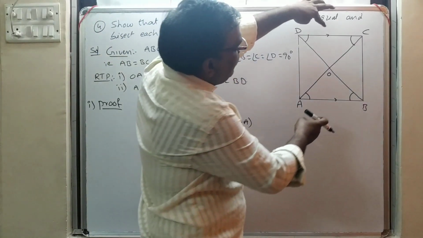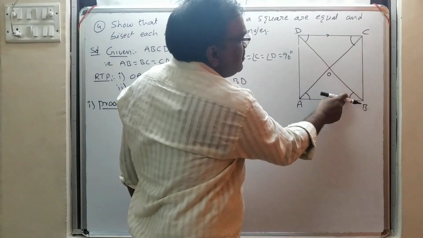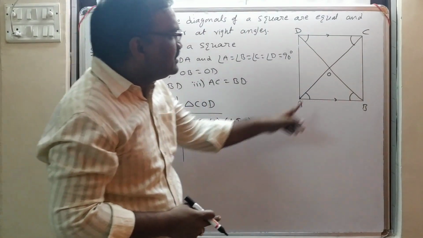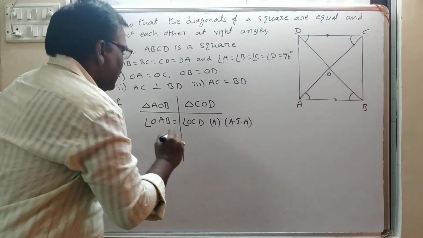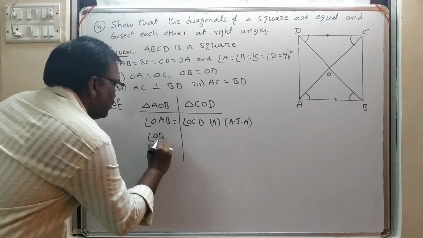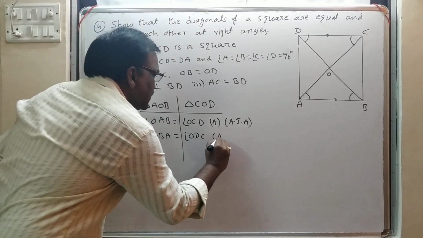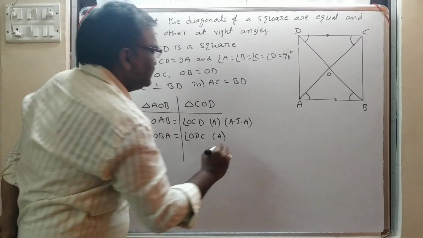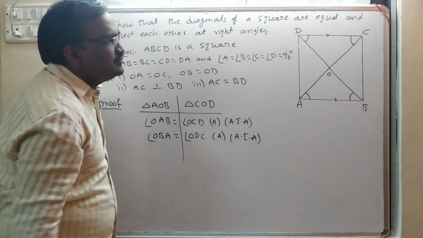Again, these two parallel lines, this is transversal, these two also alternate interior angles. So angle OBA is equal to angle ODC. This is also alternate interior angles.